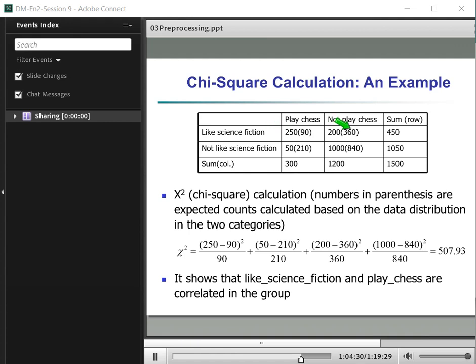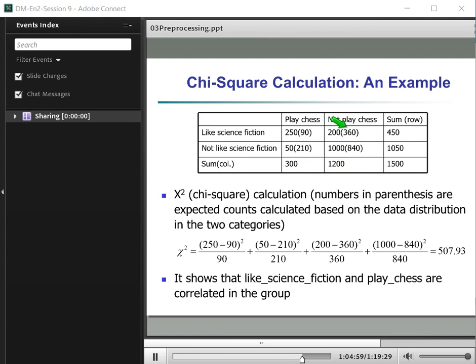In not playing chess and liking science fiction, we expect that 360 people say yes, but only 200 people are placed here, and the rest of the values are in this way.